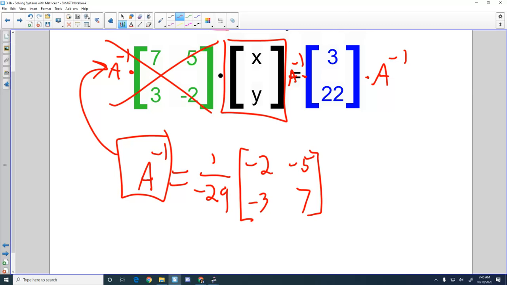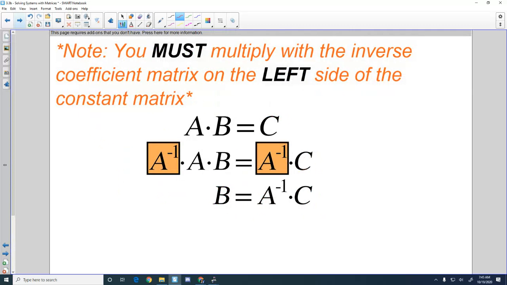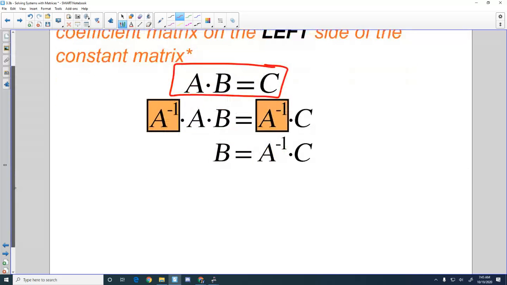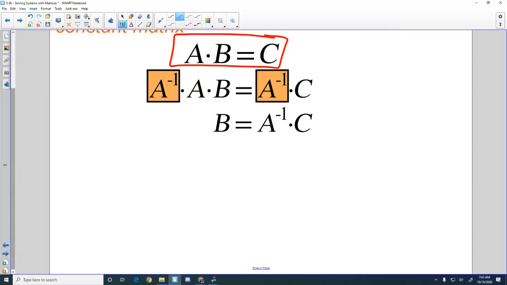So here's the general concept that you're doing. This right here is our matrix equation. A times B equals C. Coefficient matrix times the variable matrix equals the constant matrix. Now this is just an illustration to show you what's going on. To cancel out matrix A, we multiply by A inverse.